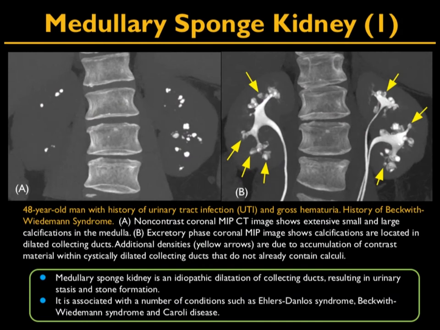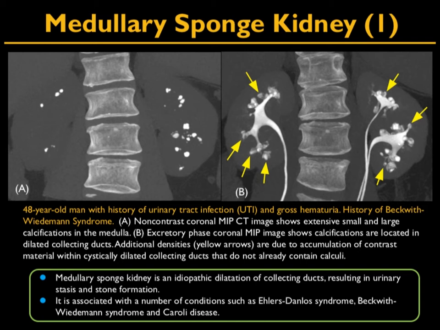Nice example of sponge kidney: you see on the non-contrast studies multiple bilateral calcifications, and then on the contrast-enhanced scans, you see the duplicated system on the left. You also see accumulation of contrast within the cystically dilated collecting ducts that do not contain calculi.